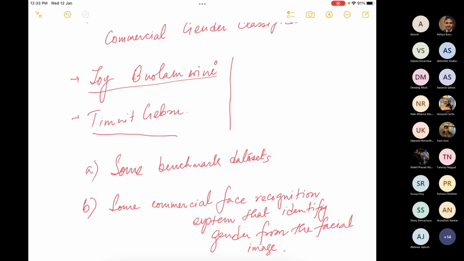These are the two things they tried to investigate in this paper. And this entire research problem was motivated by the experience that Joy shared in the video that I showed you just now. Okay.